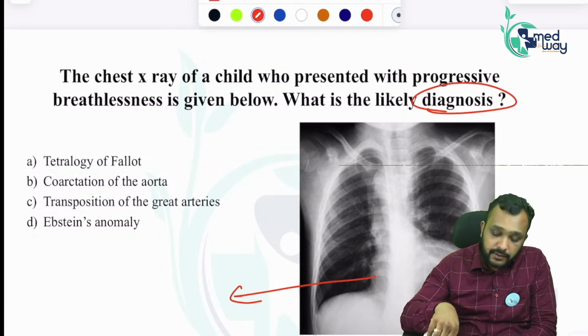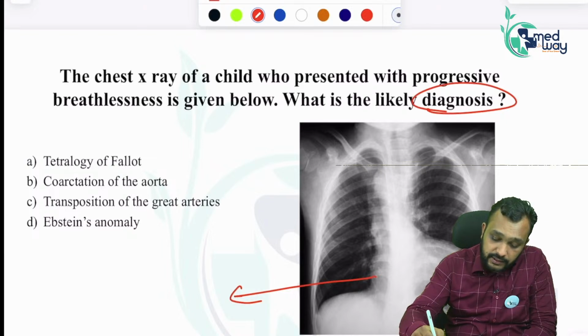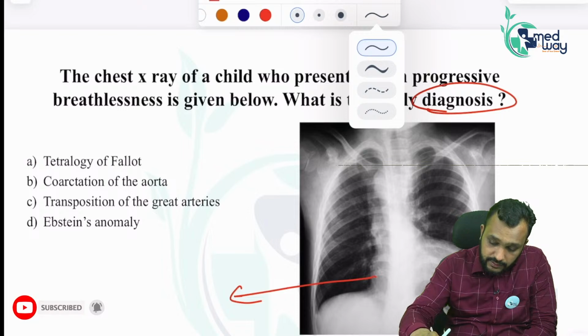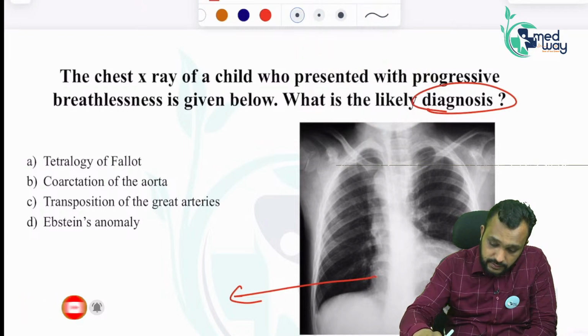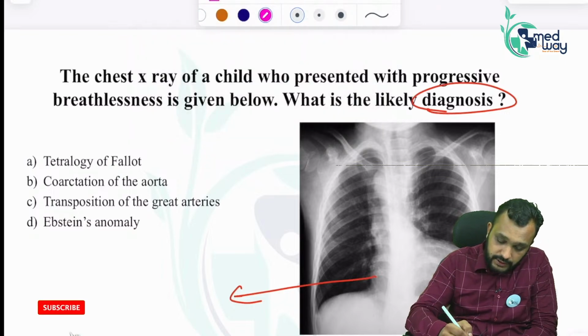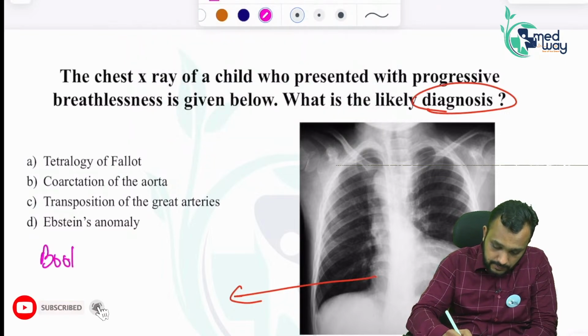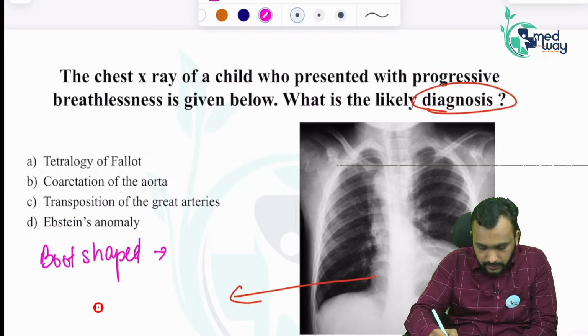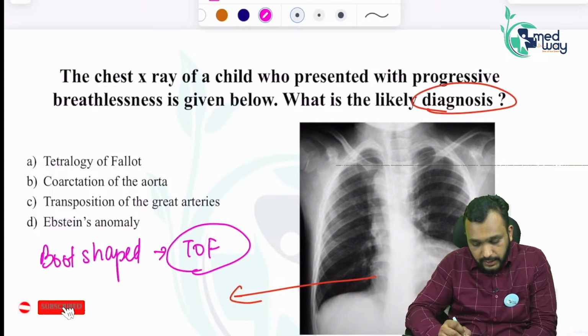What is the shape of the heart that you are able to see in this image? The shape of the heart is a boot shaped heart. Very good. Boot shaped, seen in patients with tetralogy of Fallot, right?